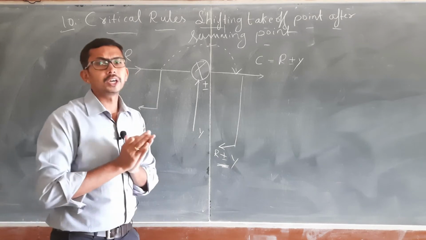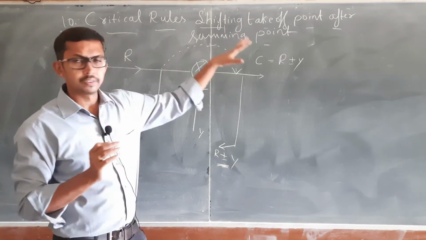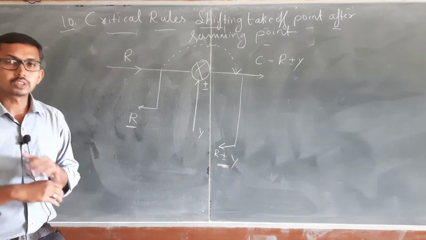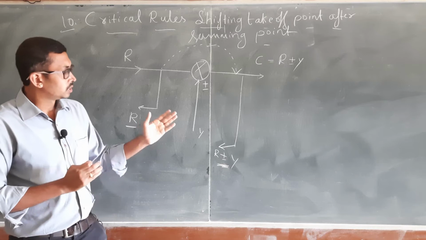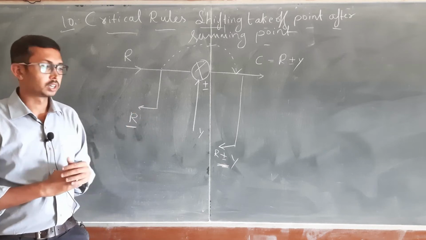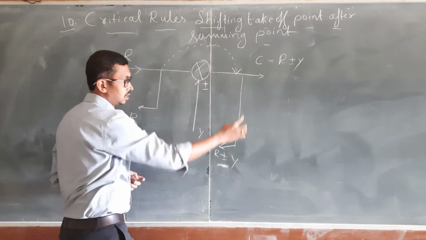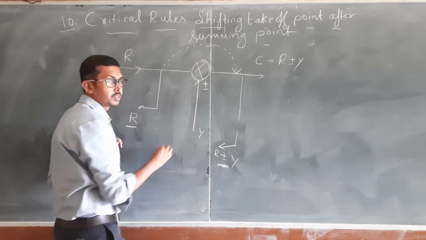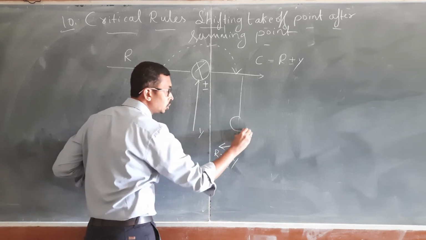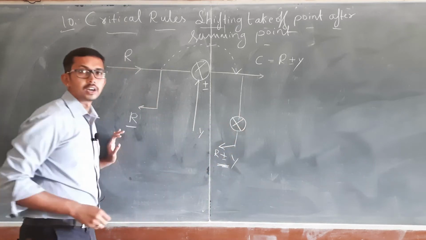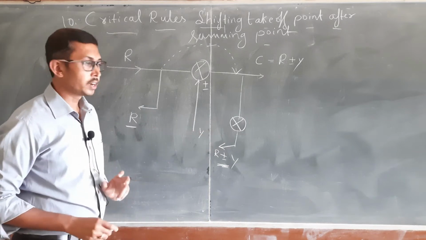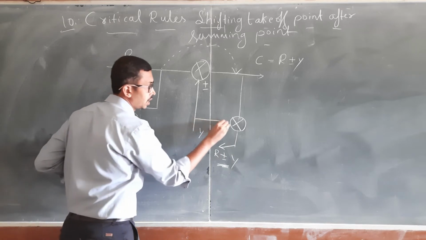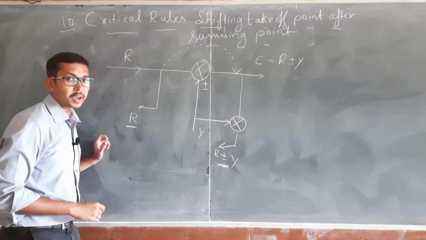But my objective is that, even after shifting, the output from that feedback signal must be the same. So then what do I need to add? In such conditions, to this takeoff signal, the feedback signal that we are shifting, I need to add a summing point, and I need to take the signal from this signal Y. Why am I doing so?